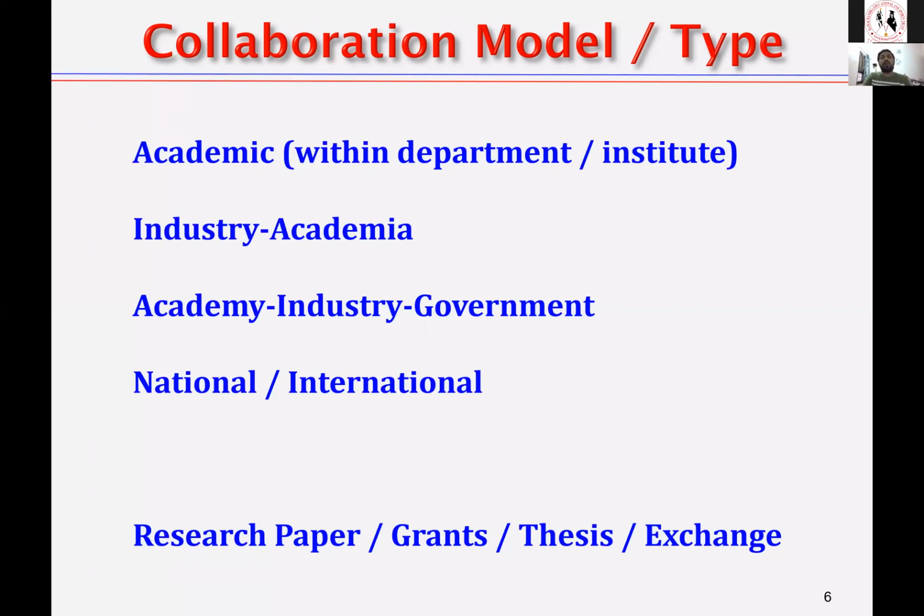So when collaboration types are different, the rules are slightly different. However, most of the rules, or most of the unwritten rules and understanding, are more or less the same in any kind of collaboration where humans are involved.